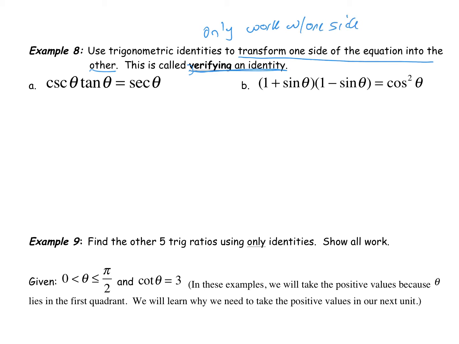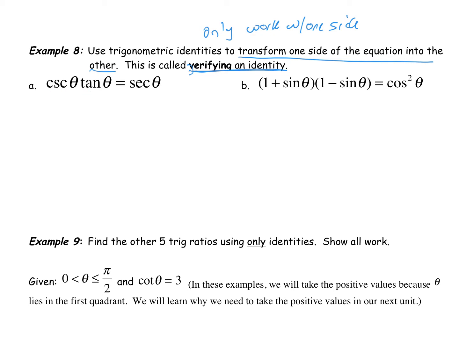In example 8a, we're asked to verify the identity cosecant theta times tangent theta is equal to secant theta. The more complicated side is the left side of the equation, so we are going to try to transform cosecant theta times tangent theta into secant theta.